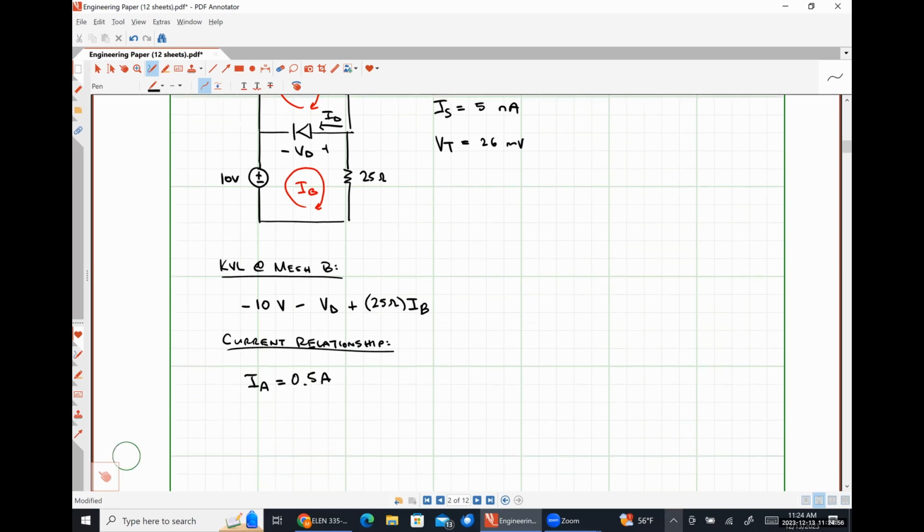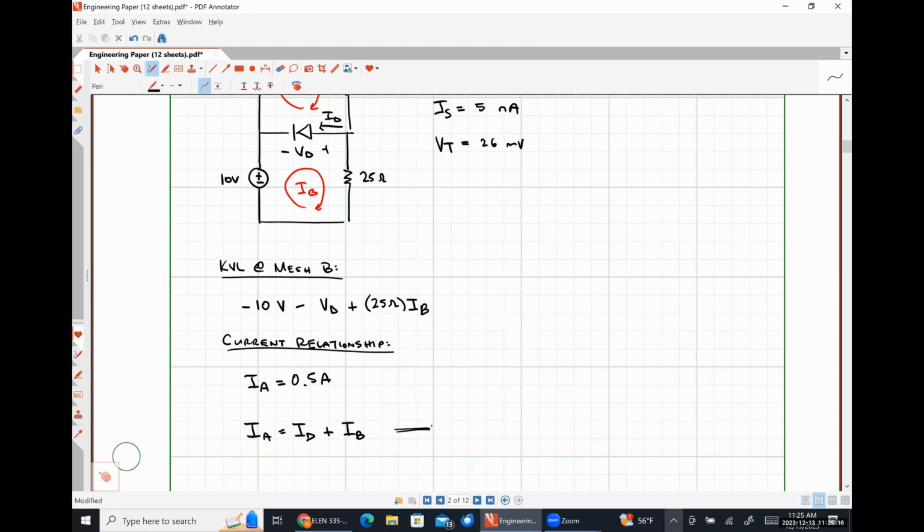And we can see that our mesh current IA of half an amp is equal to our diode current ID plus our mesh current IB.